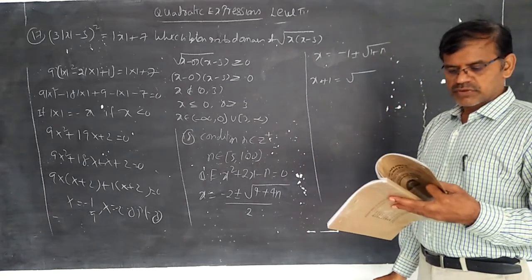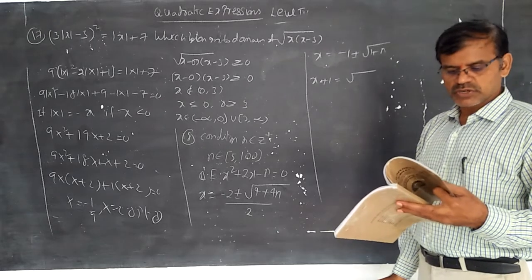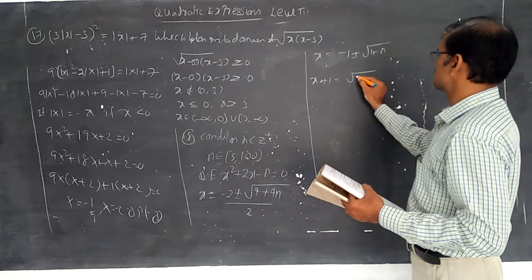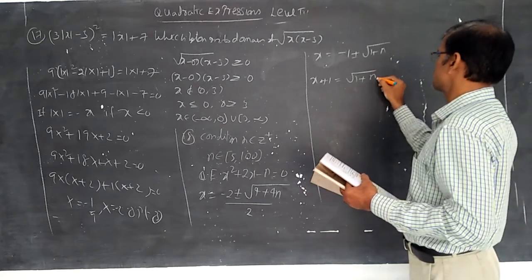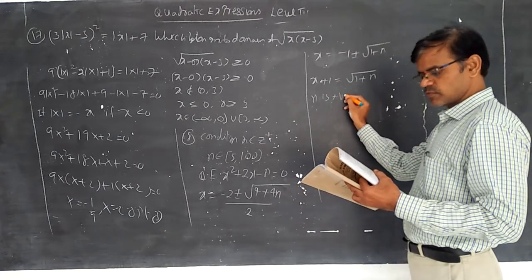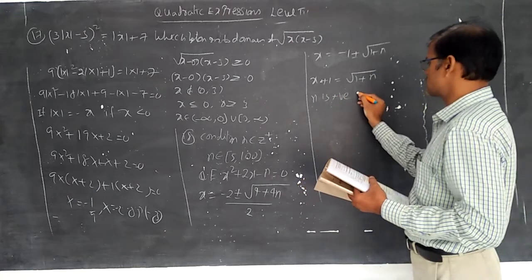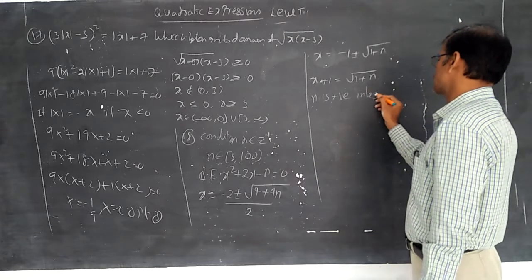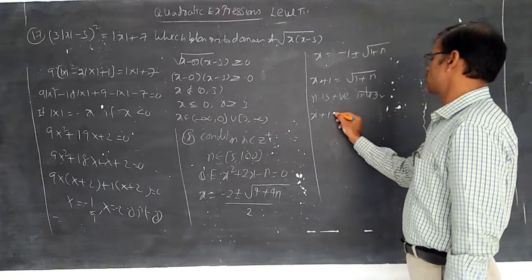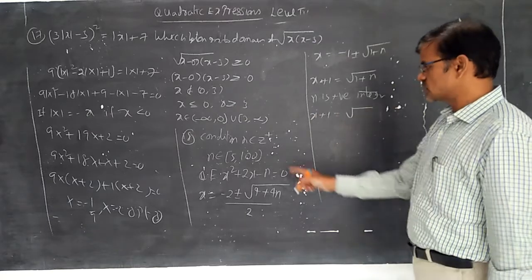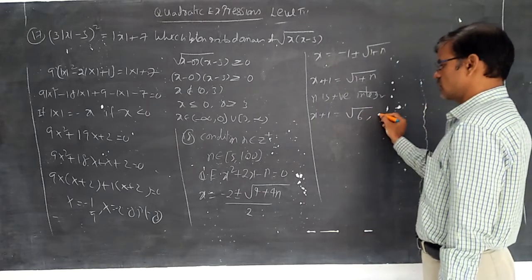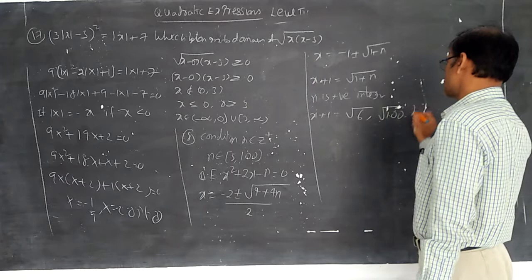Now n is a positive integer, and he is asking the number of positive integral solutions of the equation. So x plus 1 is equal to root of 1 plus n. Number of positive roots. So x plus 1 is equal to root of 1 plus n, starting with 5 and ending with 100, so root 6 comma root 101.